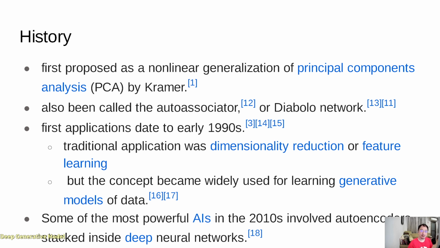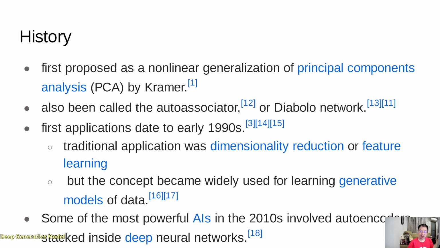It originally has different names, like auto associator or diagonal networks. I have not ever encountered the usage of this terminology, but apparently some people, at least in some field or some periods of time, used it.